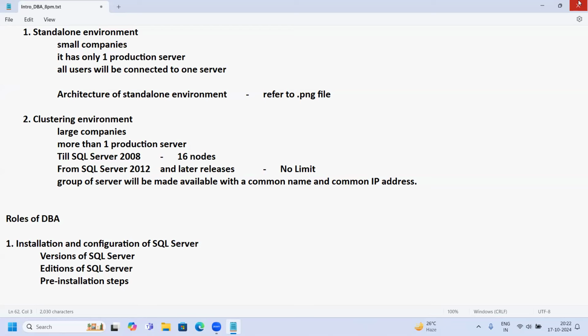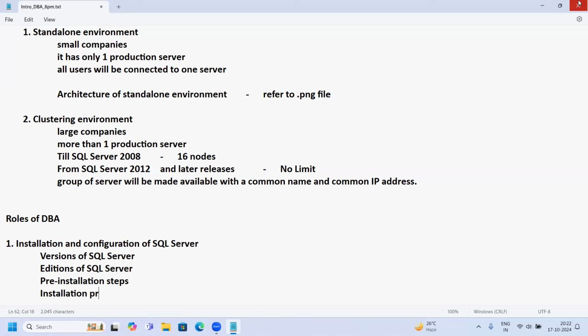So as a DBA, you should know the pre-installation steps to be performed on Windows Server before you actually start the installation.